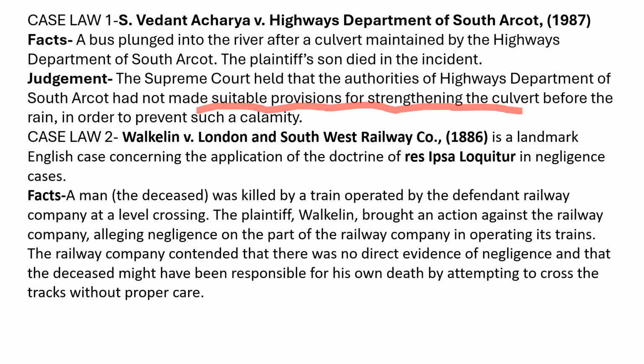The plaintiff, Wakelin, brought an action against the railway company alleging negligence in operating its trains. The railway company contended that there was no direct evidence of negligence and that the deceased might have been responsible for his own death by attempting to cross the tracks without proper care.